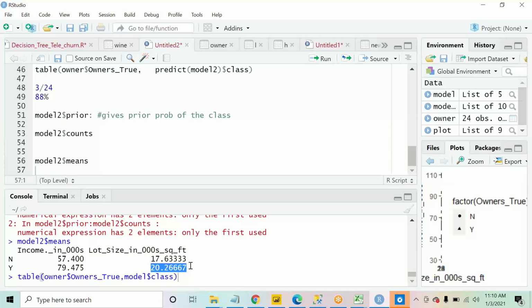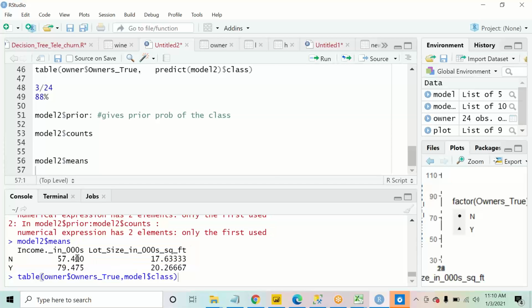Because if you remember when we were discussing the LDA approach, we discussed how it works: it will put that data point into that particular group from where the mean value is closest, right? If the mean value is coming closer to this, it will predict the output as yes.